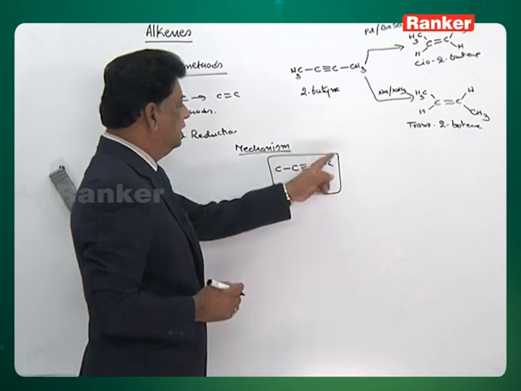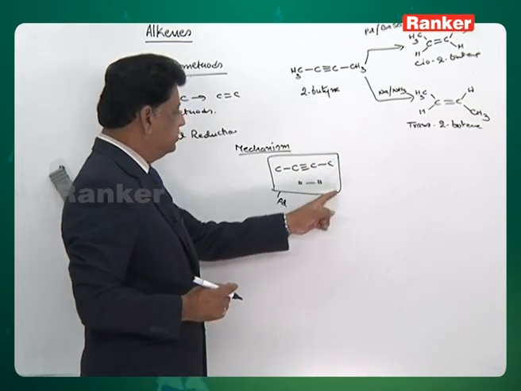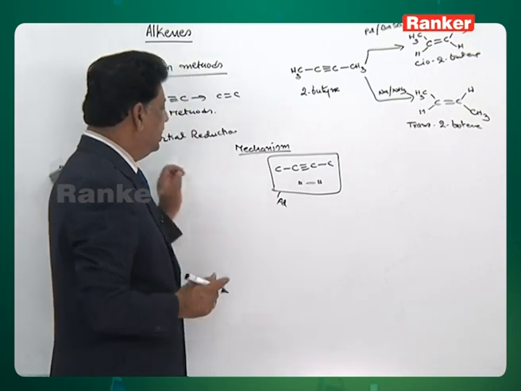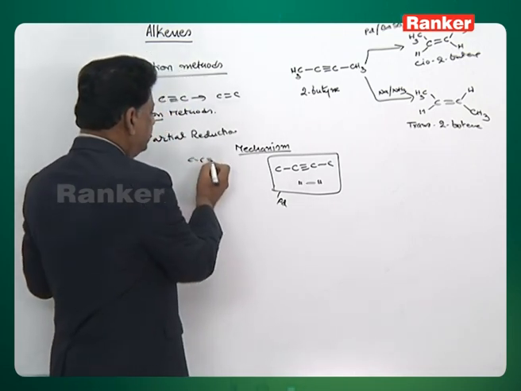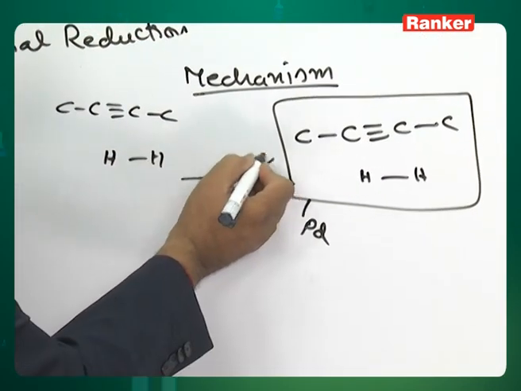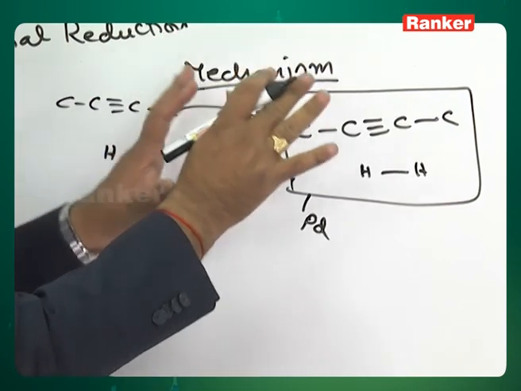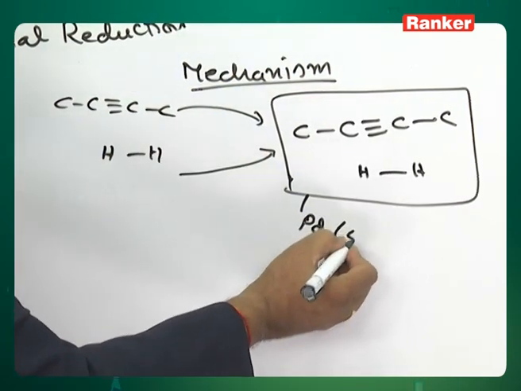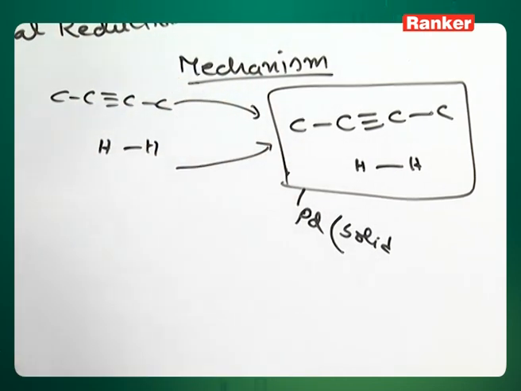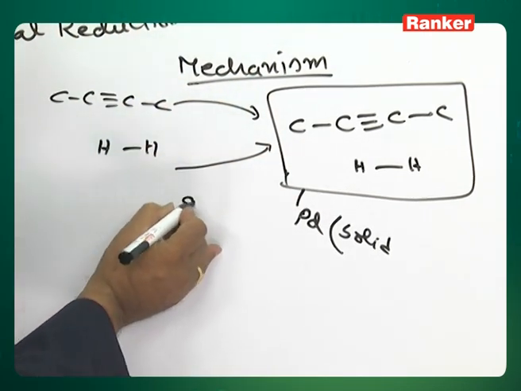This particle, it is not an atom. The square I have shown is a piece of palladium, on which the gas 2-butyne and hydrogen, also a gas, are going and settling on this solid palladium. It is a solid piece. This type of settling on a solid particle is technically called adsorption.